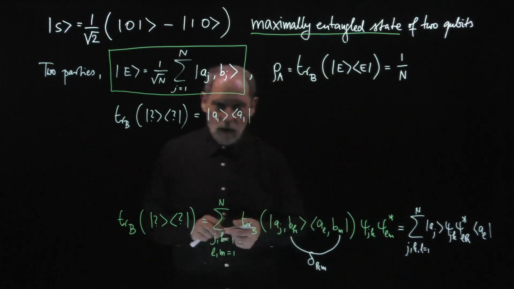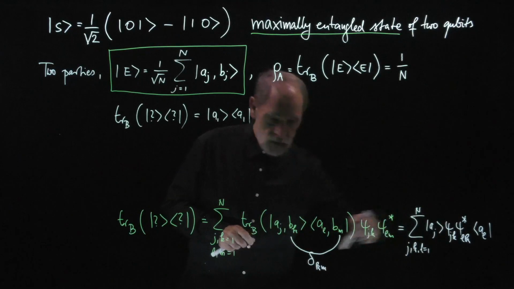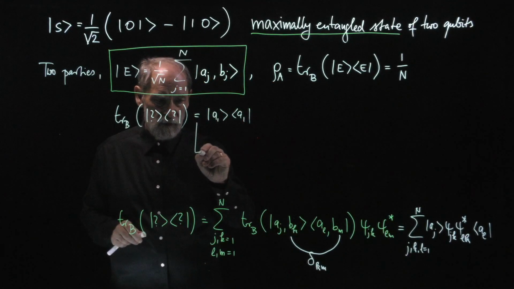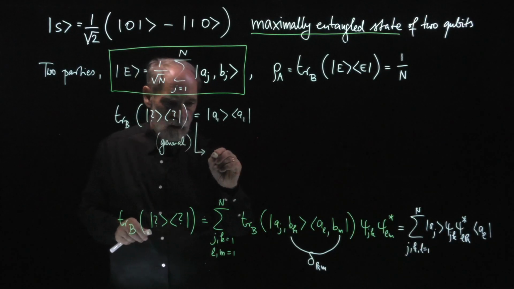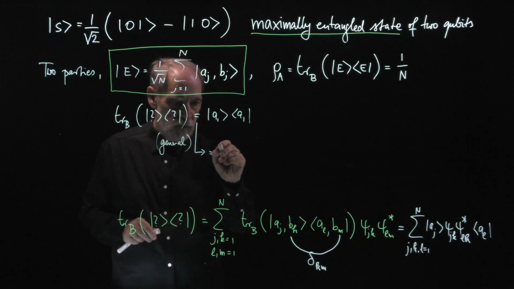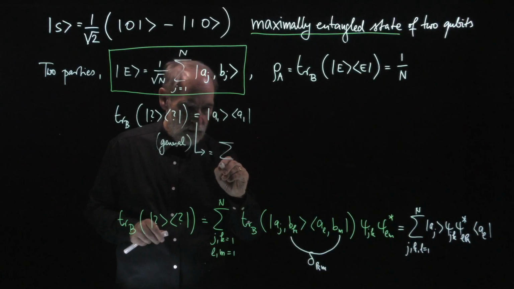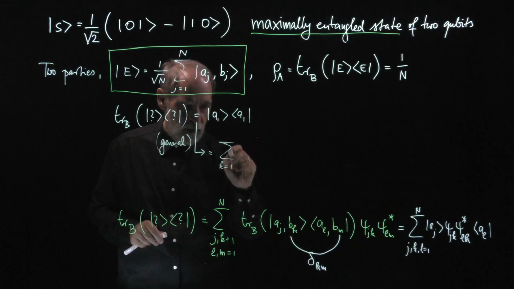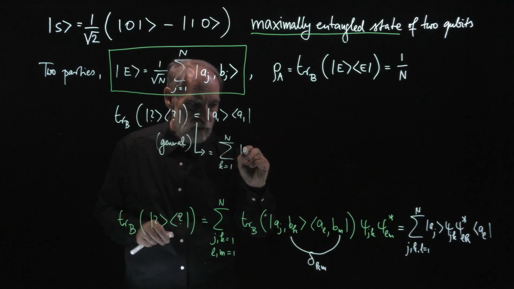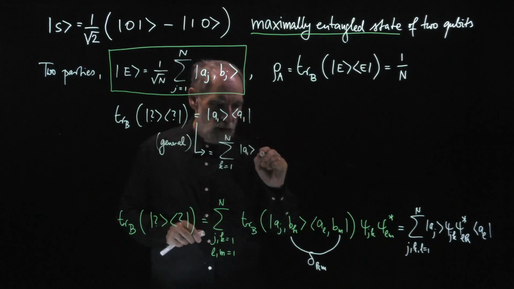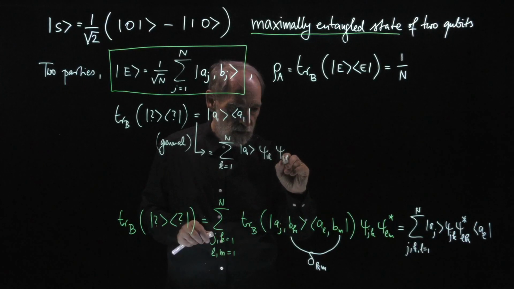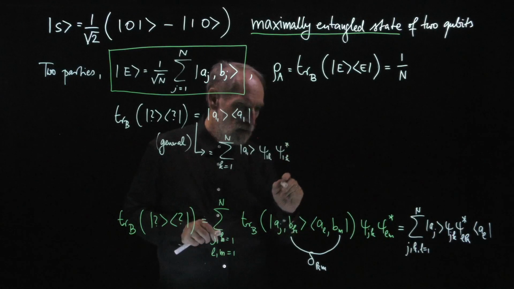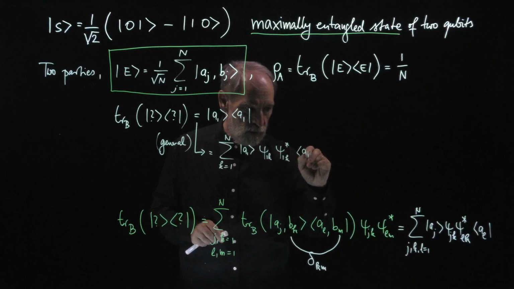So from this general expression, now we put j equals 1 and L equals 1, so we still have the sum over k from 1 to n. Here is A1, and then we have the psi_1k and the psi_1k complex conjugate, and here is A1.